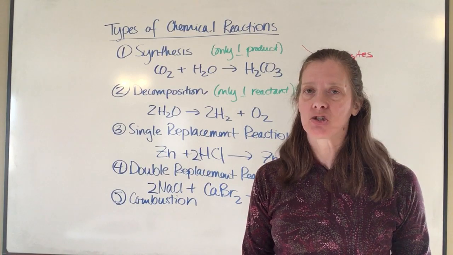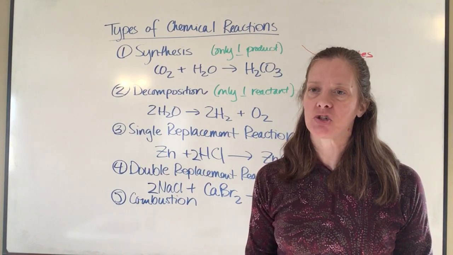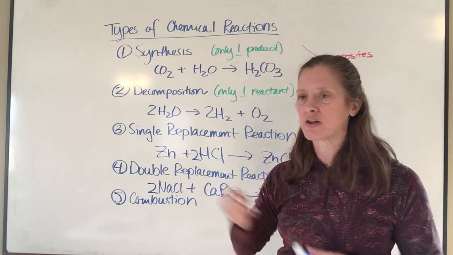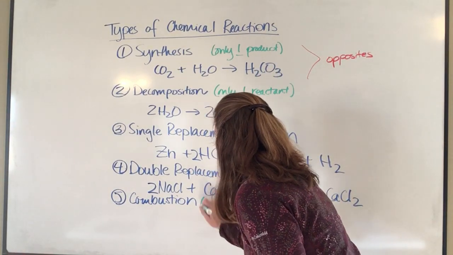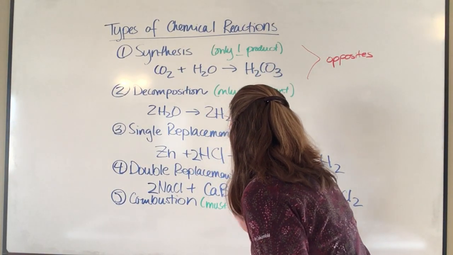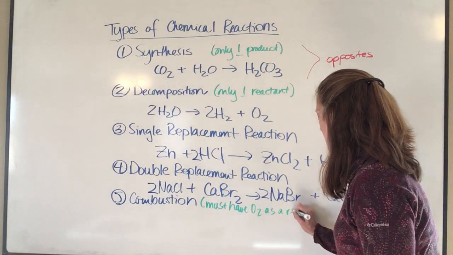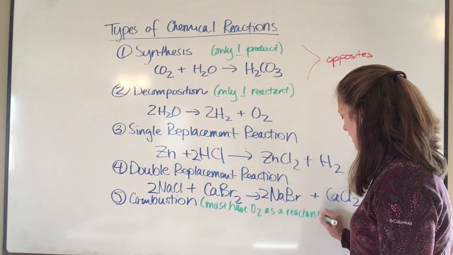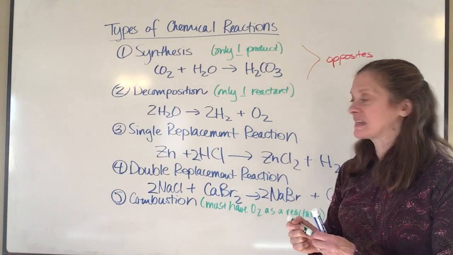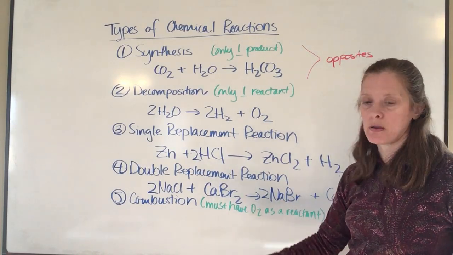Well, you have to have oxygen. You're not going to have a fire without oxygen. You can't have fuel burning without oxygen. So a combustion reaction is going to have oxygen as a reactant, and that's going to be a key to knowing that this is a combustion reaction.